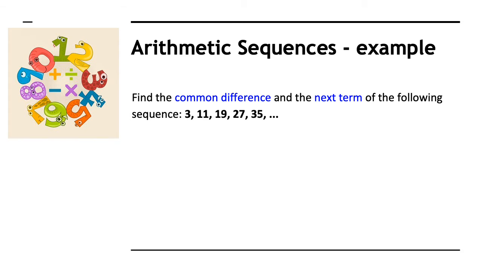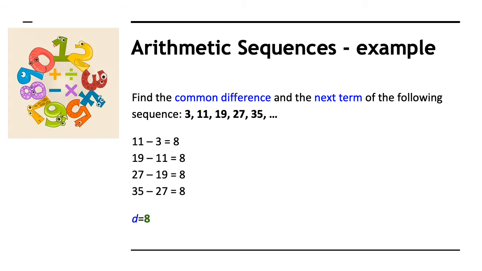Let's find the common difference and the next term of the following sequence: 3, 11, 19, 27, 35, and so forth. To find the common difference, I have to subtract a successive pair of terms. It doesn't matter which pair I pick as long as they're right next to each other.